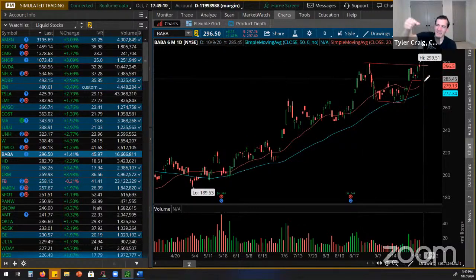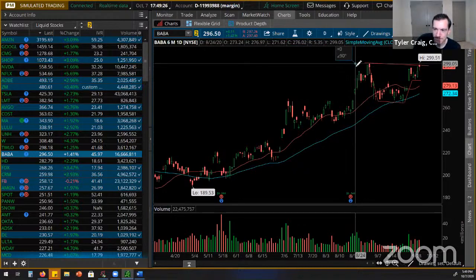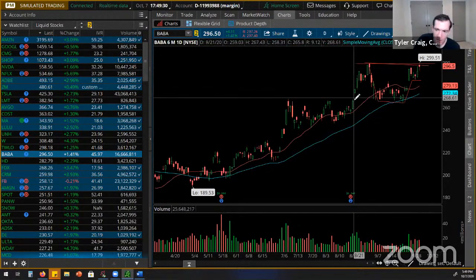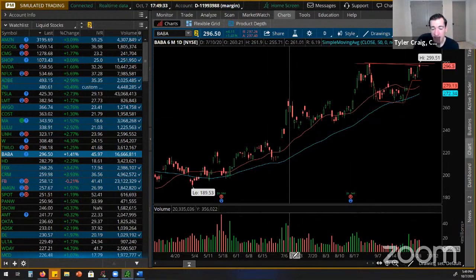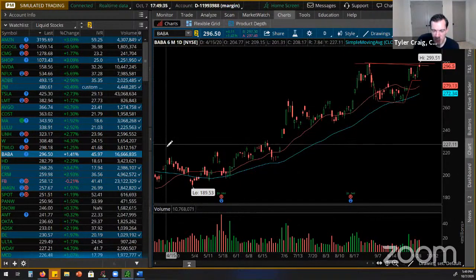Okay, now that handle's kind of dainty. It's like a little teacup, you know, with your kids, teacup set. Not much of a handle, but a little handle at the brim of the cup, right on the cusp of completion here. And Baba has a pretty good history of rewarding breakout traders.